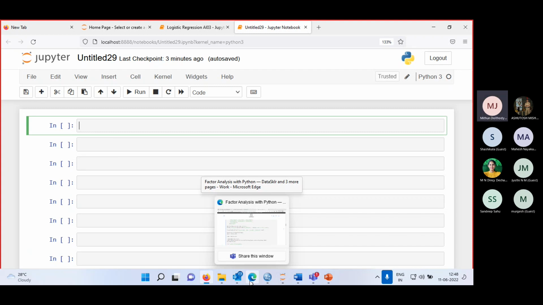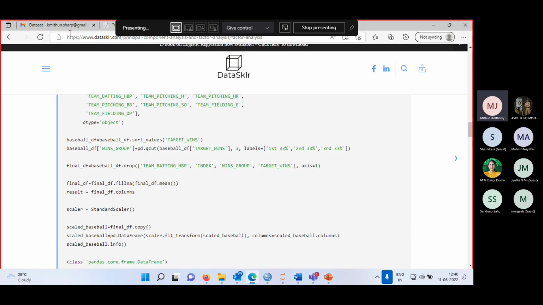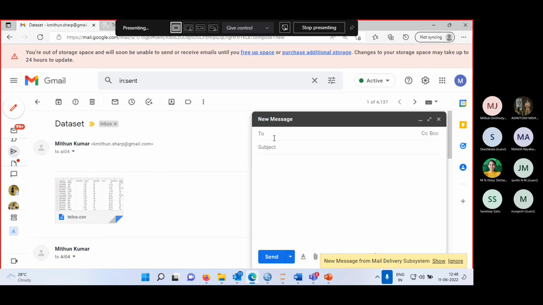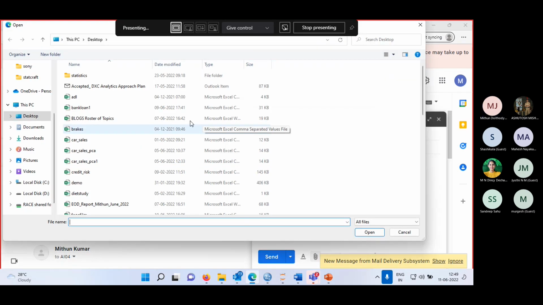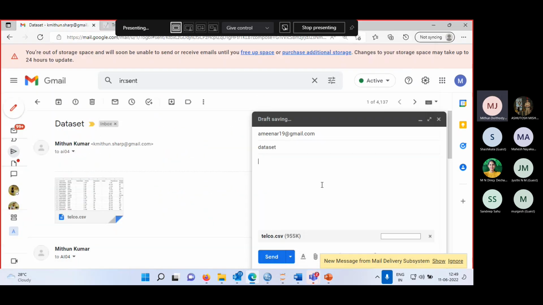Chat, I've already sent it. Chat is asking for access permission. Okay, I'll just copy this email and paste it in there. So that group, aminar19@gmail.com. No, wait, I'll send it to you. It is Aminar only, right? Yeah, Aminar19, right?